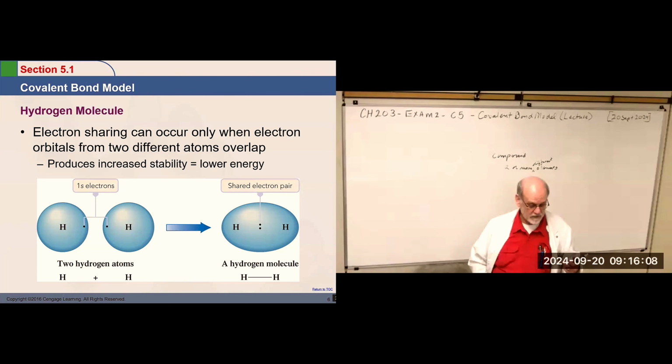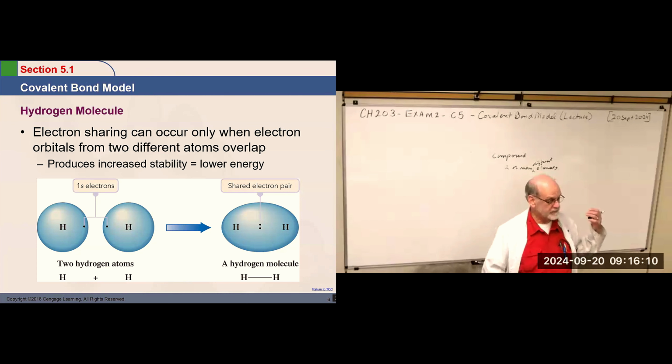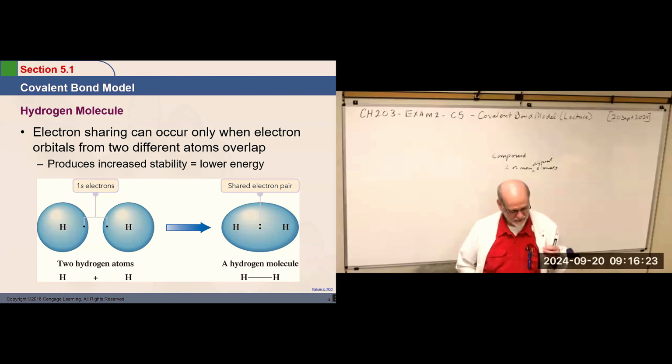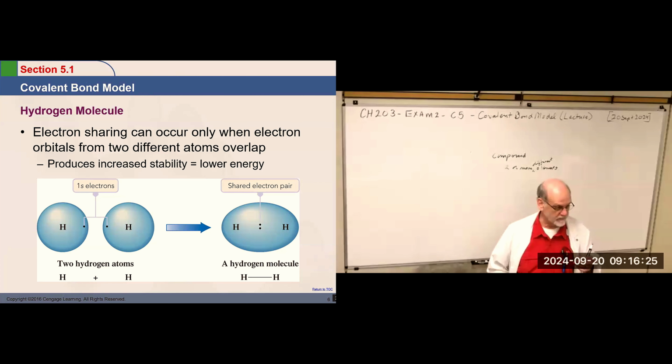So here's what they do. When you form a bond between two atoms that are identical, like these two hydrogen atoms, obviously nobody wins. So the way they form the bond is they share. Since hydrogen only has one electron per atom, they share one electron each.